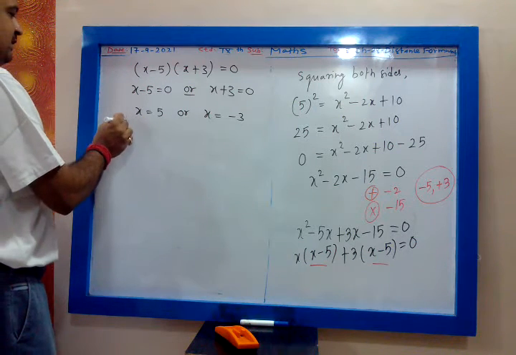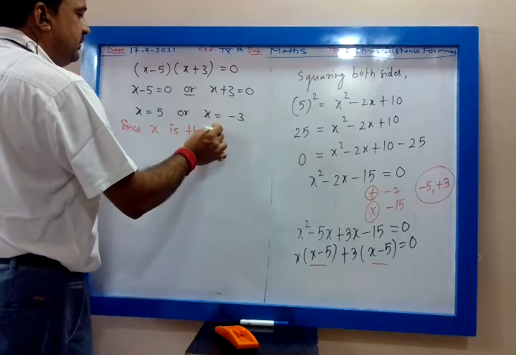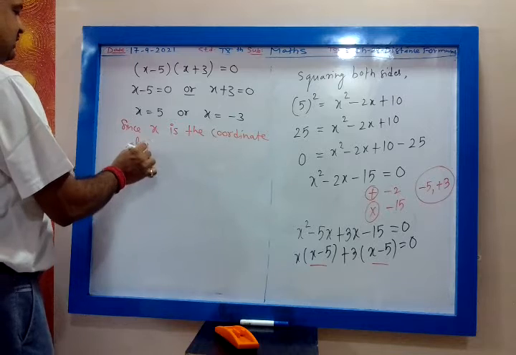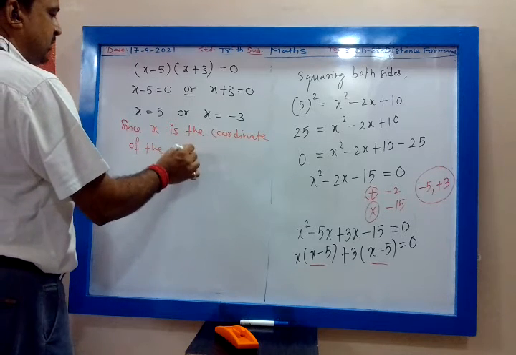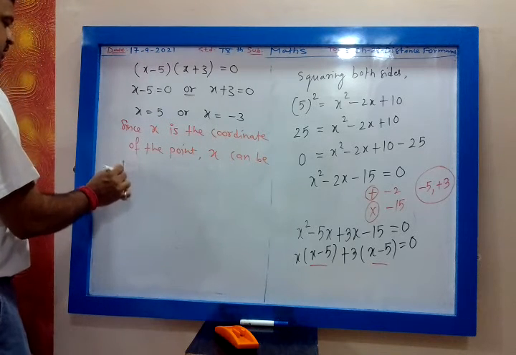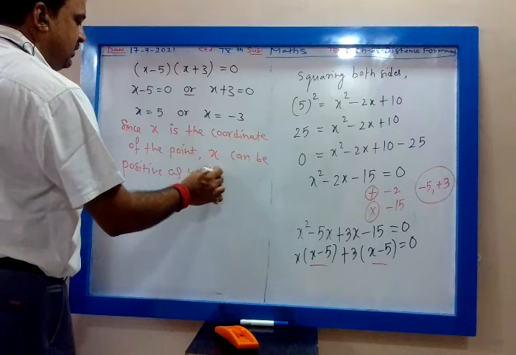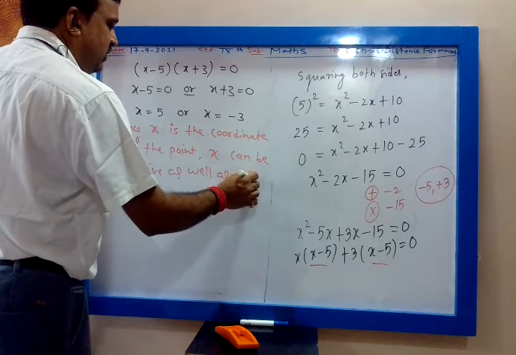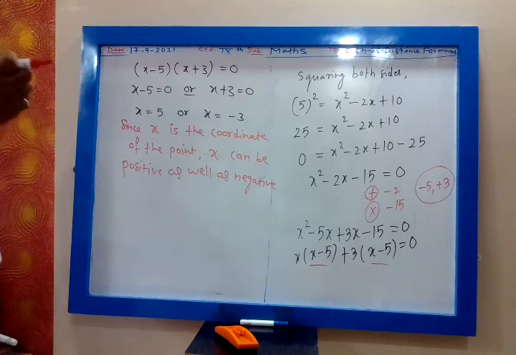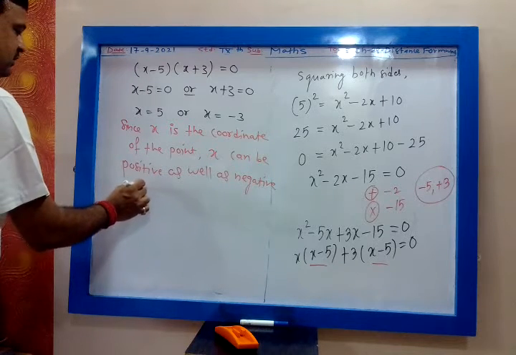So let me write: since x is the coordinate of the point, x can be positive as well as negative. X is a coordinate, 0 comma x, not the distance. So we consider both values of x.